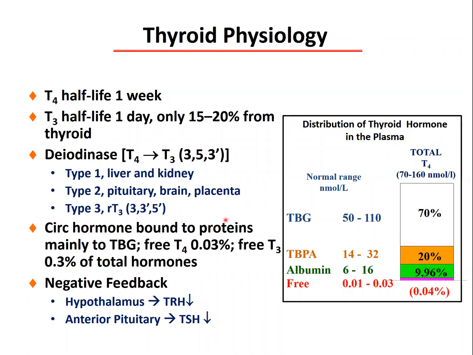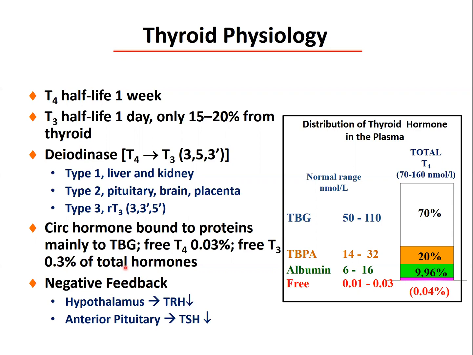Of course, in comparison to every other hormone, the thyroid hormone is circulated in the blood in a protein-bound form, mainly bound to the thyroid binding globulin and the albumin, prealbumin, and only a fraction, about 0.04% or 0.03%, is a free form that has an effect on the target gland. The free T3 level in the circulation is higher, but it's about 0.3% of the total hormone level.